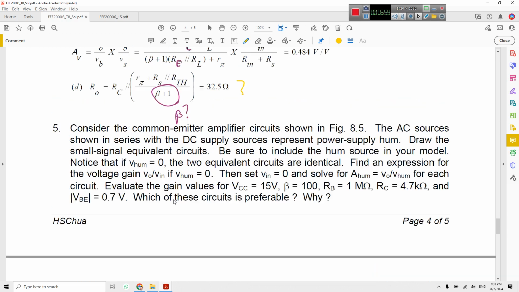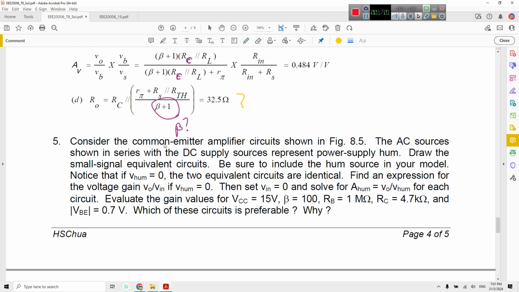So the last question: consider the common emitter amplifier circuit shown in the figure. The AC source shown in series with the DC supply source represents power supply hum. Throughout the small signal equivalent circuit, be sure to include the hum source in your model.